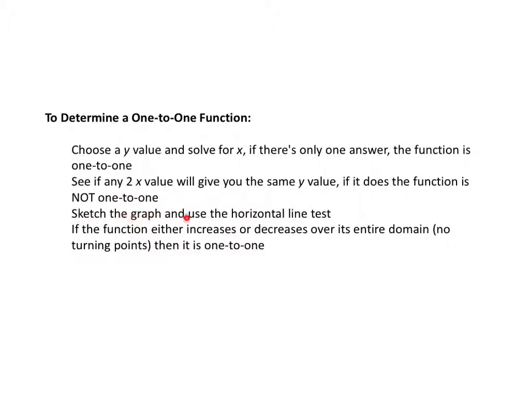Here we sketch the graph and we use the horizontal line test. If it crosses the horizontal line in more than one place, it's not one-to-one. The last one actually would have been applicable to that cubic function we looked at. If the function is either increasing or decreasing over the entire domain, meaning that there are no turning points, then you have a one-to-one function.